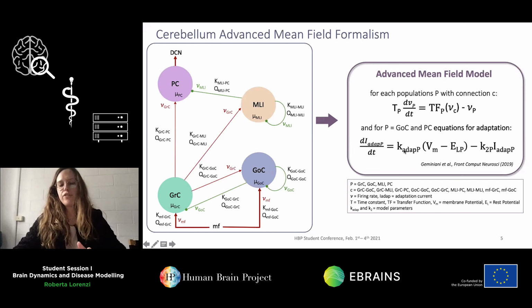Furthermore, we have two further equations for the adaptation. The first one is for the PC, and the second one is for the Golgi cells, in order to keep a strong adherence with the biology.